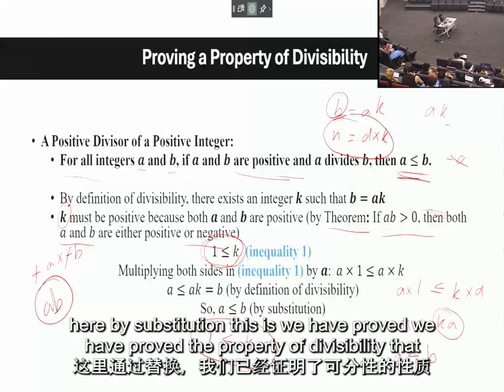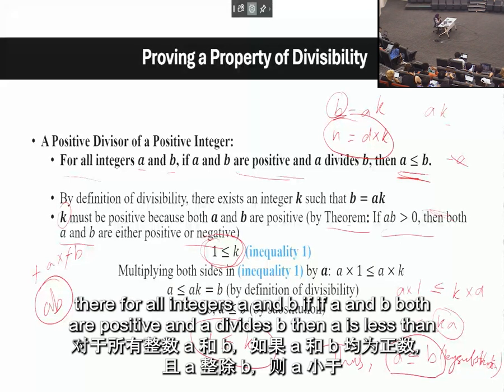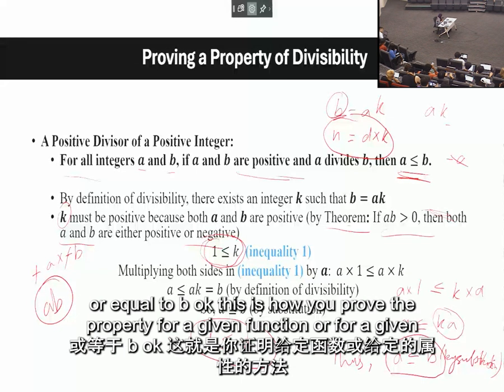So here, by substitution, we have proved the property of divisibility: for all integers a and b, if a and b are both positive and a divides b, then a is less than or equal to b.